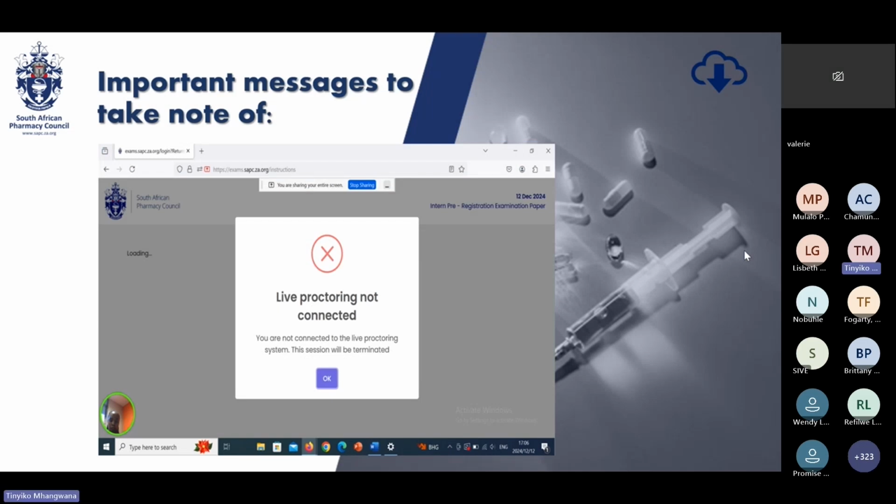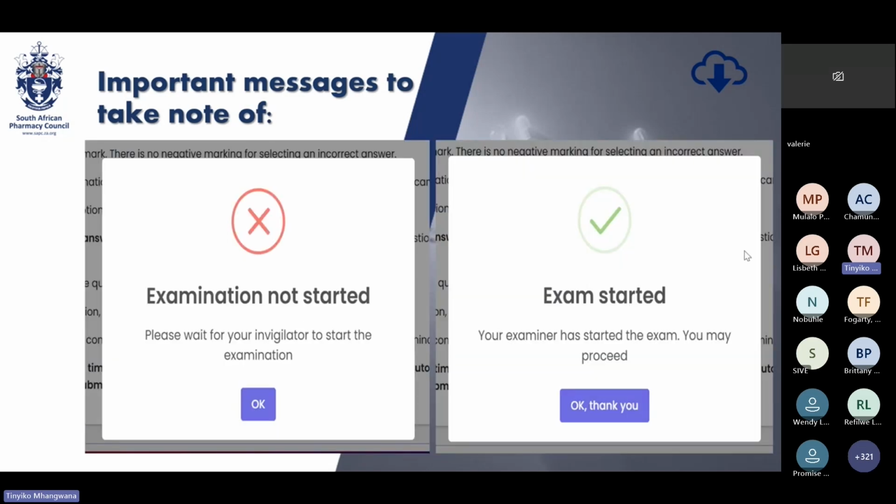Sometimes if you are not connected to the Proctor system, you will see this message. Then you need to check your connectivity and all that, and ensure that you close your browsers and go and reopen on another browser maybe, and then log in again and ensure that you are able to log in.